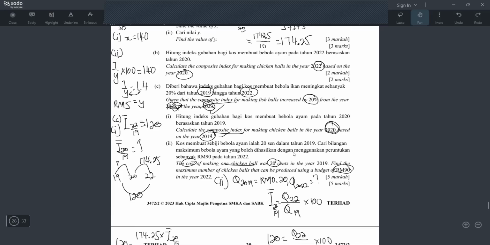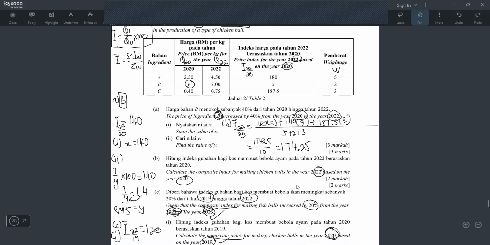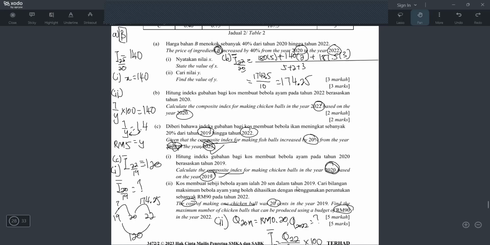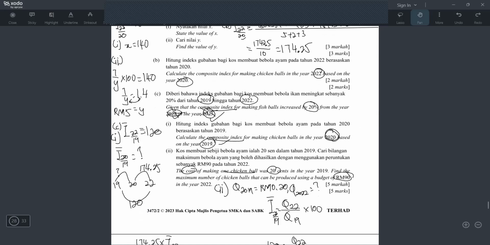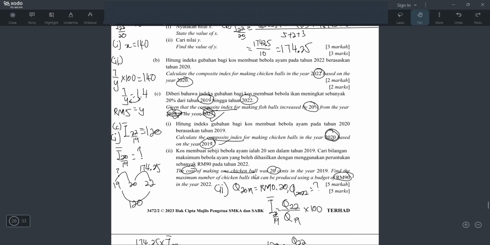Let's see. The composite index we know, right? The weightage also we have. Cost for one is 2019.